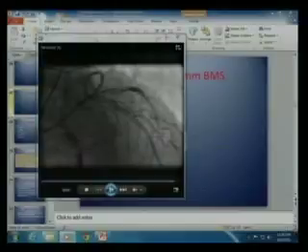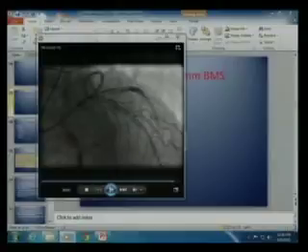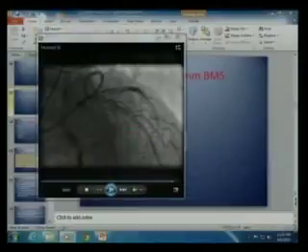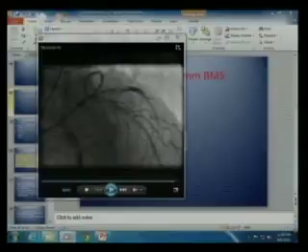But the problem is these patients need to be on antiplatelets for a year. So we have to make sure they're going to be compliant with taking Plavix or the other antiplatelets. Otherwise, the risk of not taking them is stent thrombosis, which is a dreaded complication of stenting.